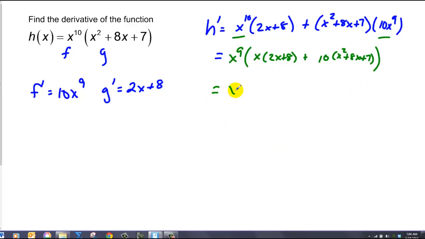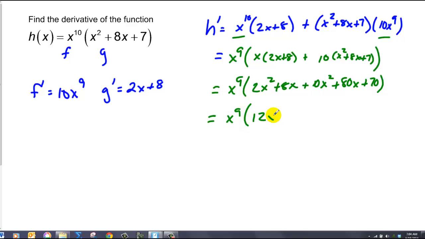Cleaning that up, I have x to the 9th times 2x squared plus 8x plus 10x squared plus 80x plus 70. So that's x to the 9th, 12x squared plus 88x plus 70. And that's my derivative.